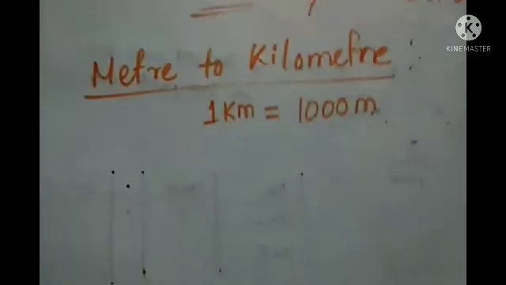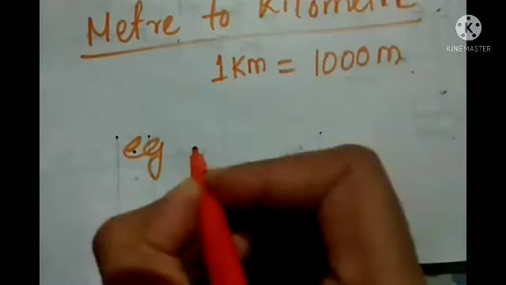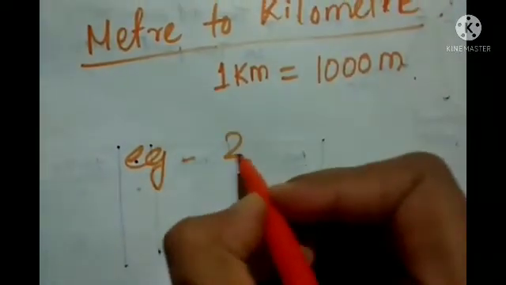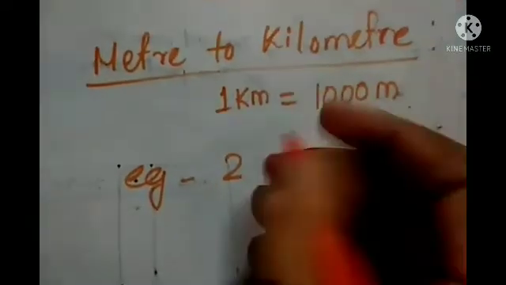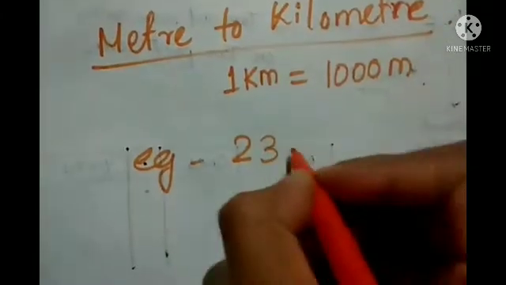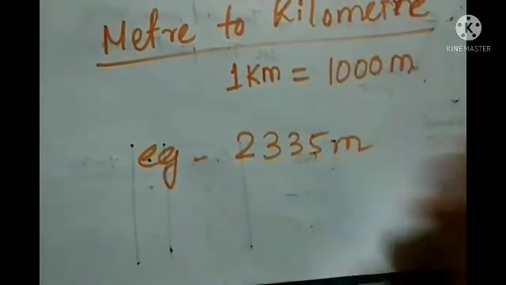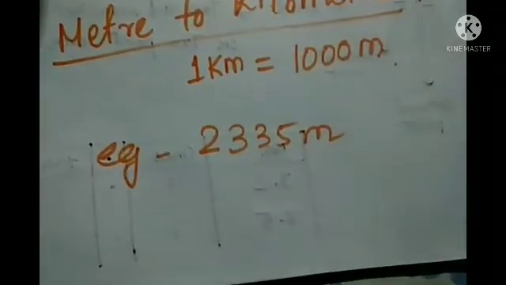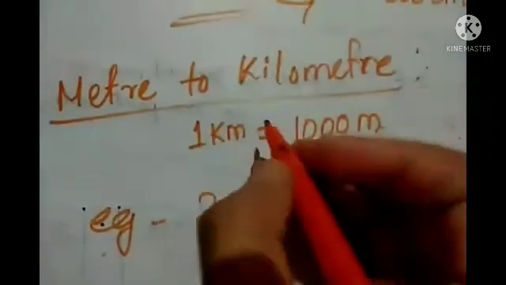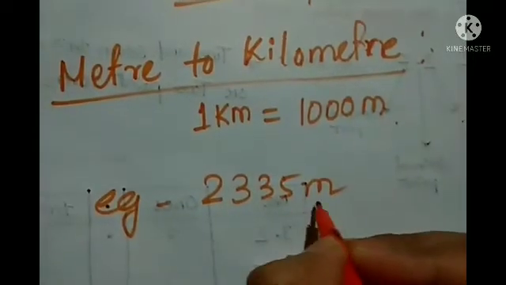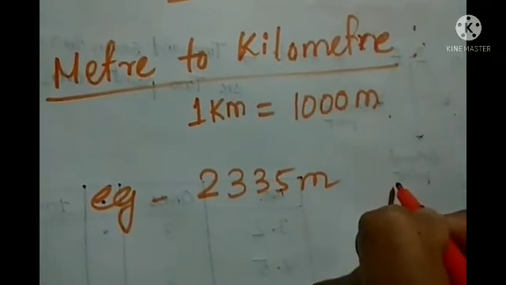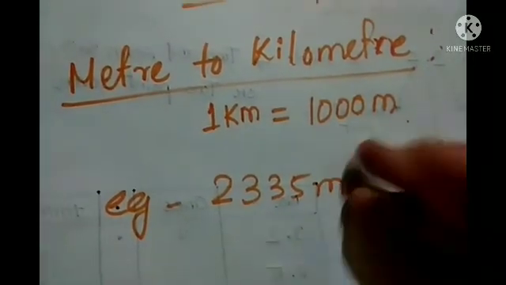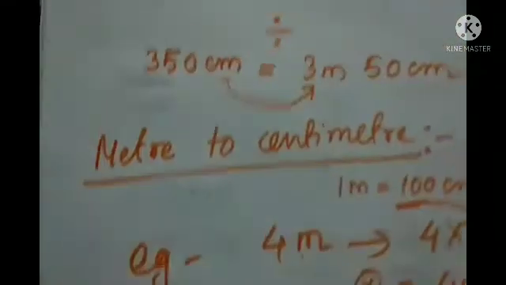Suppose here we are converting 2335 meter, and we have to convert it into kilometer. As I told you students, whenever we are converting a smaller unit to a greater unit, we have to do division. Just now I told you, right?